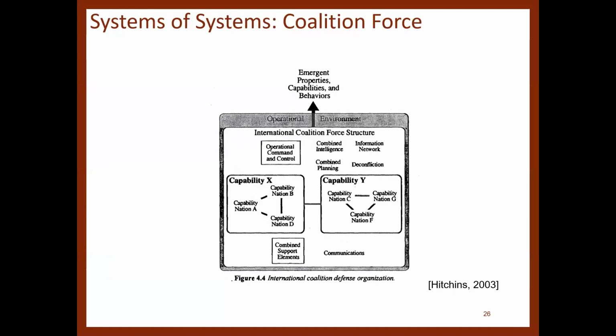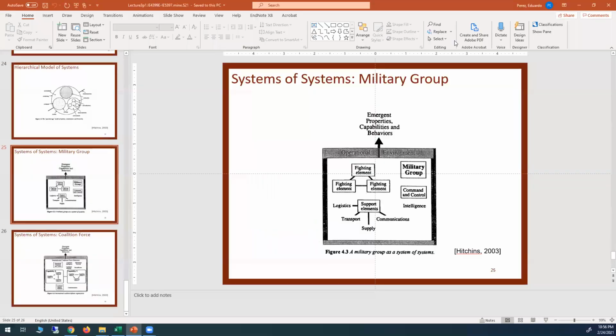And then the International Coalition Defense Organization. So again, multiple systems working together, ones with some capability that the other doesn't have. So put it together, system of systems, we end up describing how the whole thing is interacting.